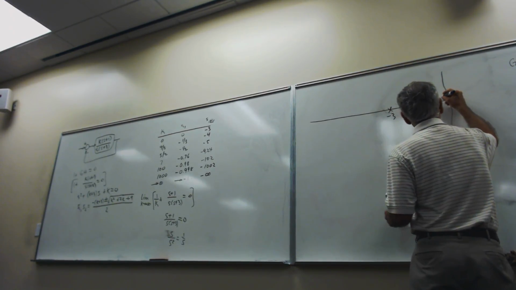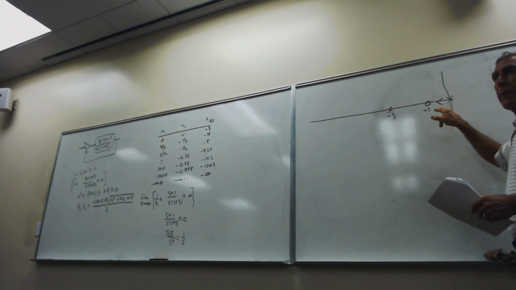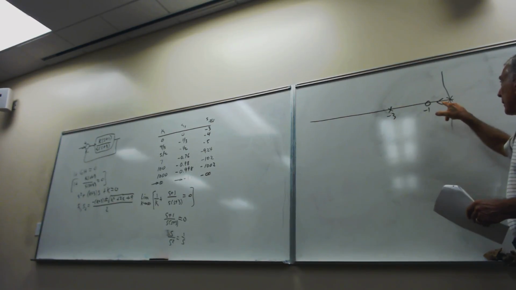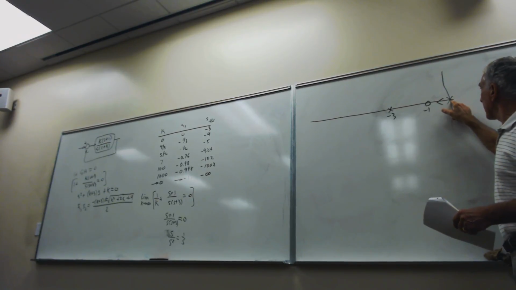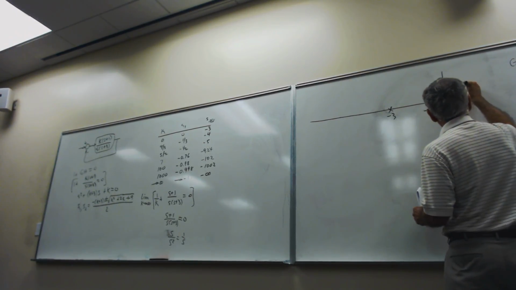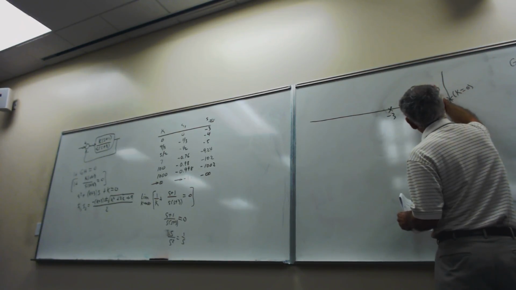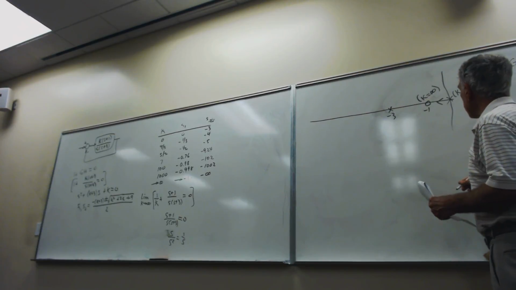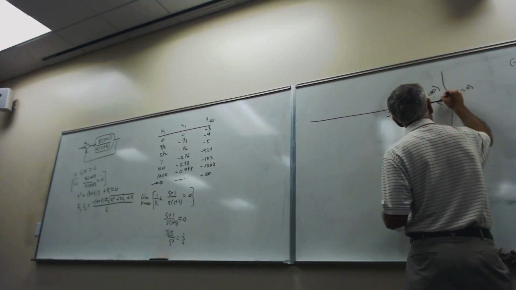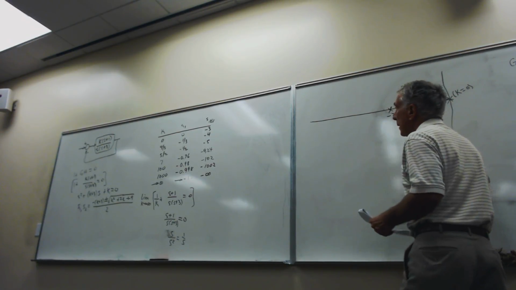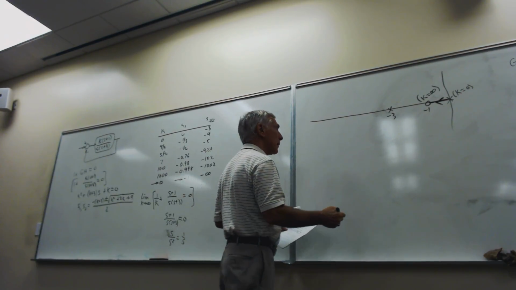But this shows the direction of the roots as the gain k increases from 0 to infinity. Here, k equals 0. There, k equals infinity. And this is one branch of the root locus with this direction indicated. And then the other roots go from -3 to -infinity, right?